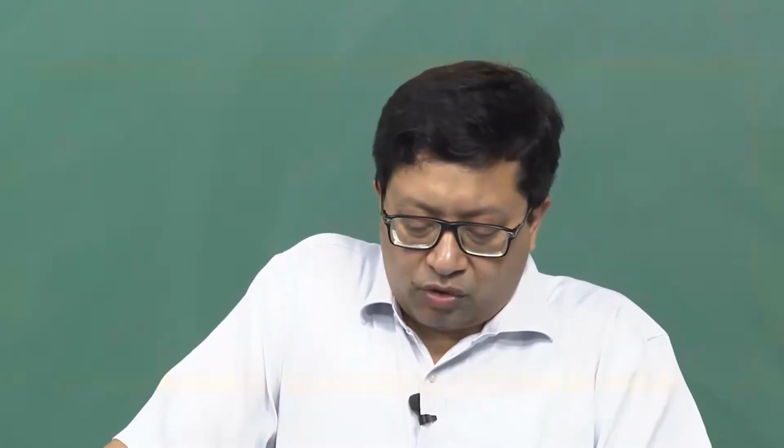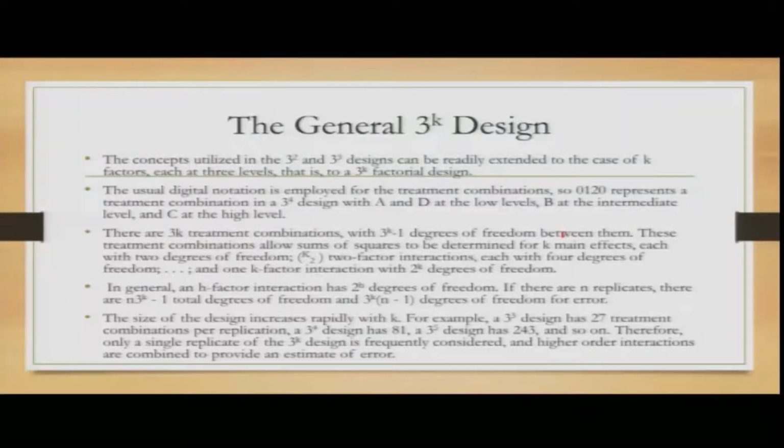The usual digital notation is employed for the treatment combination. So, 0, 1, 2, 0 represents a treatment combination of the 3 to the power 4 design, depending on the different combinations which we have, with A and D at the lowest level. So, this is for A, this is for B, this is for C, this is for D. If there are 3 levels, the levels are 0, 1, 2, or say for example, -1, 0, 1.